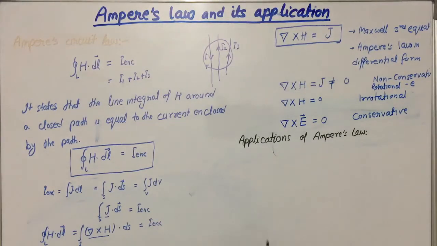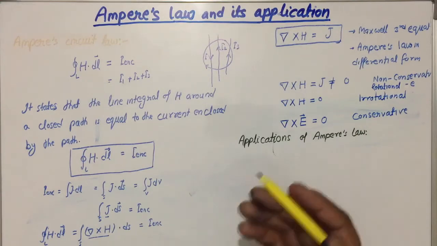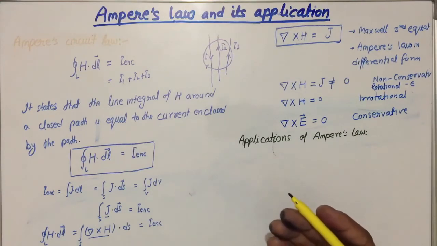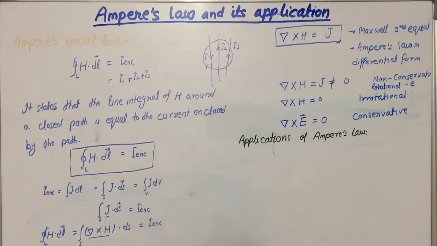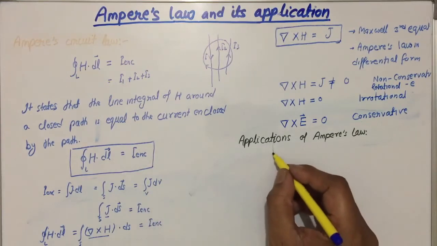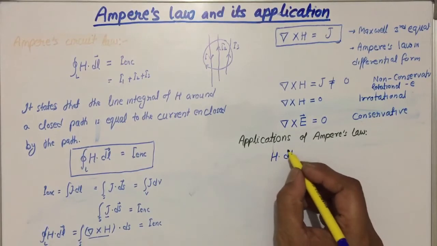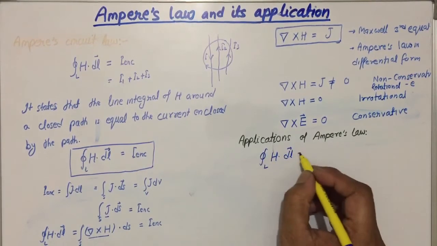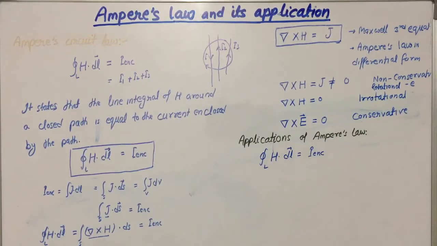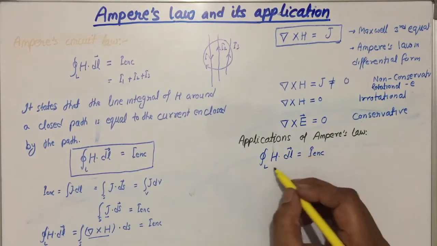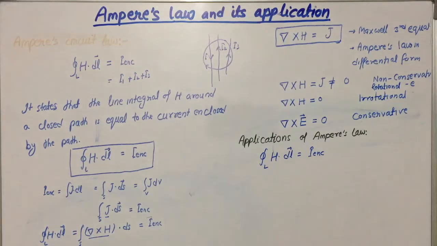We will consider an infinite line current, an infinite sheet of current, and an infinite long coaxial transmission line. In all the cases, we will apply H dot dl is equal to I enclosed to find the magnetic field intensity in all the cases.